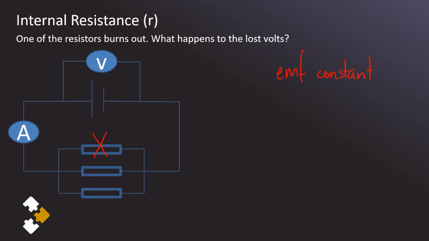So now if the total resistance of the circuit is increasing, this means that current is going to decrease. This also means that the current through the cell is going to decrease as well. Now, we know that the internal resistance, denoted by small r, stays constant.